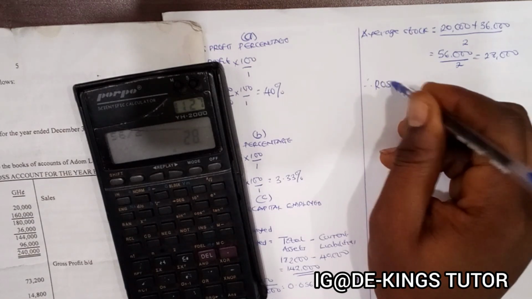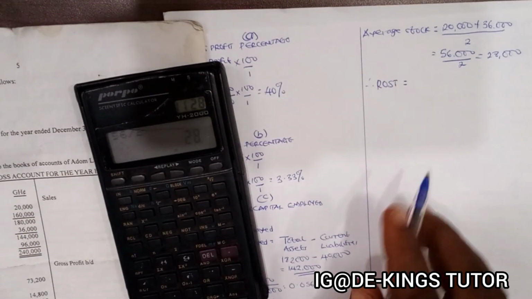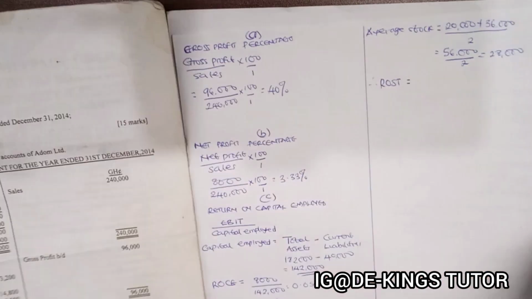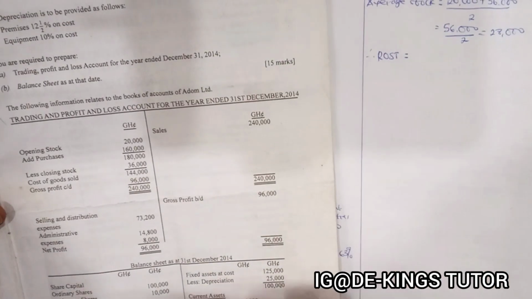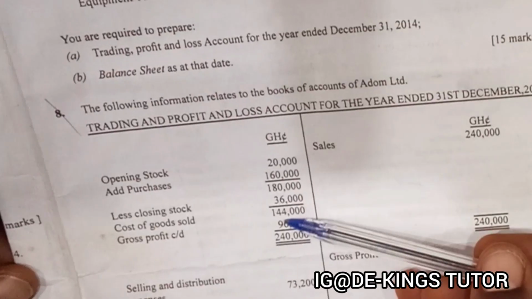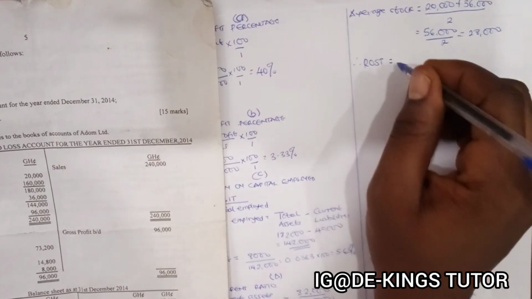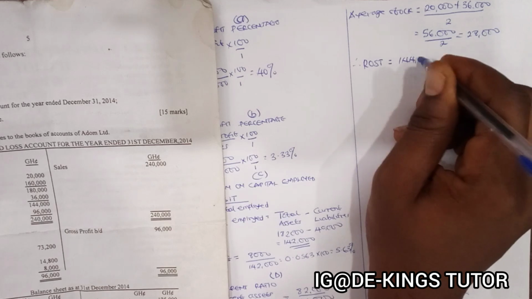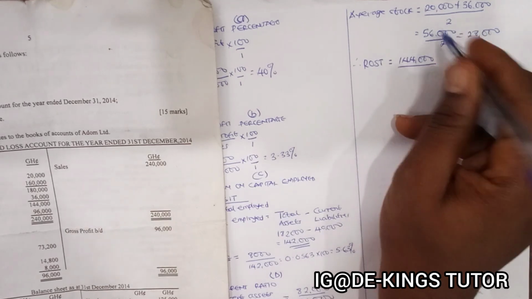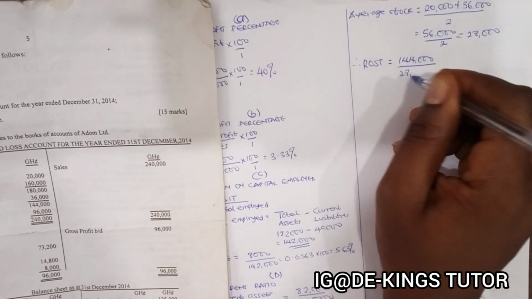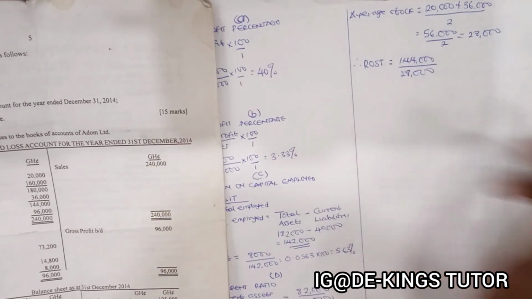Now therefore our rate of stock turnover is equal to cost of goods sold. Now, what's our cost of goods sold? Look at it here as 144,000. So it is now 144,000 divided by average stock, which is 28,000.